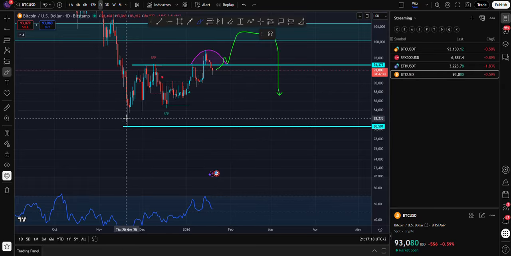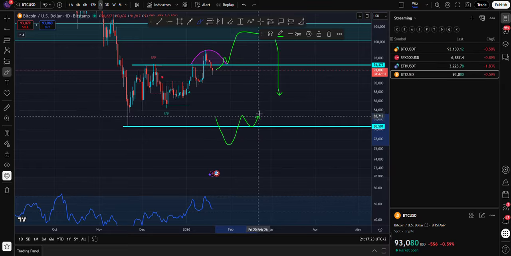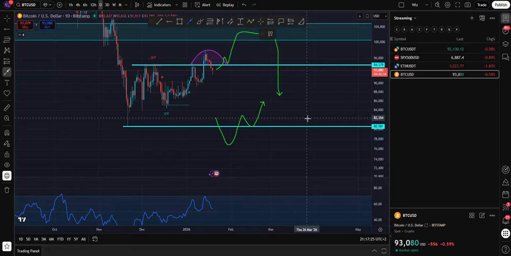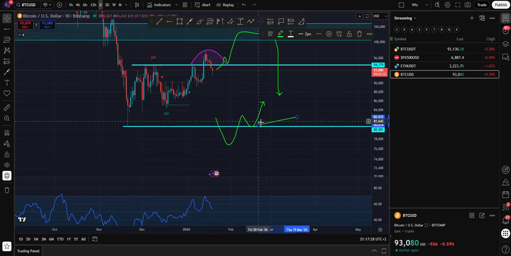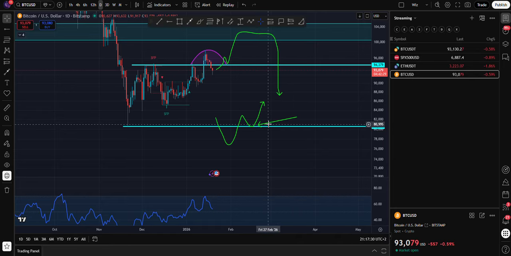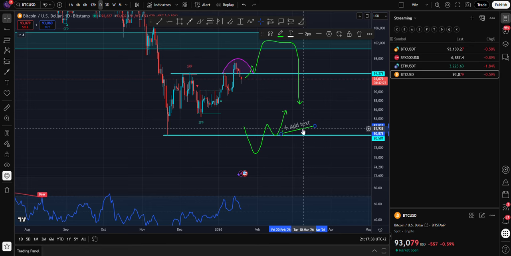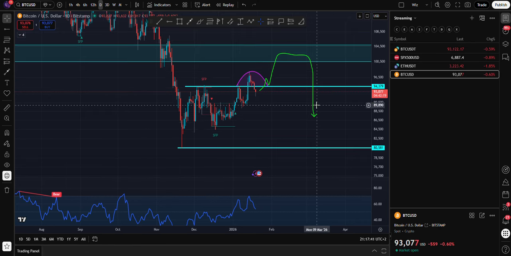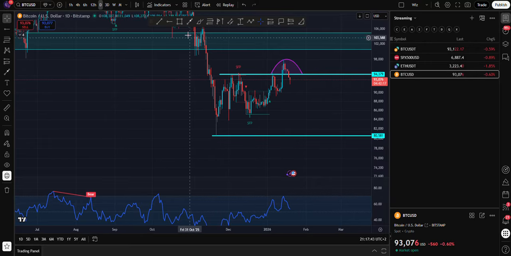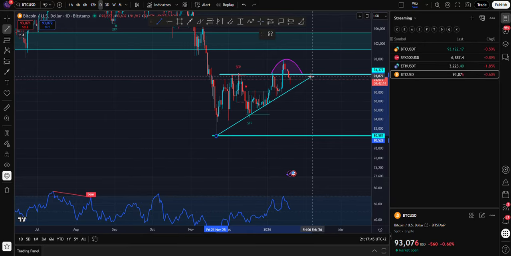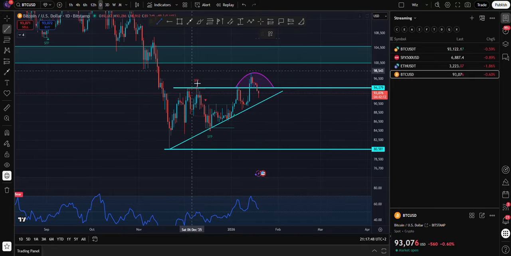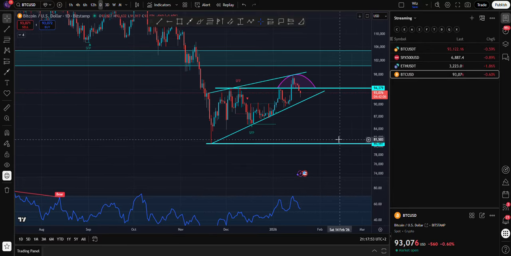If we sweep these lows like this and we manage to reclaim the range and push upwards, this is where I'm willing to add into spot and swing longs. But unless this happens, I'm not willing to touch any longs or spot positions right now, because this is really looking like it's done for now. Here it is.